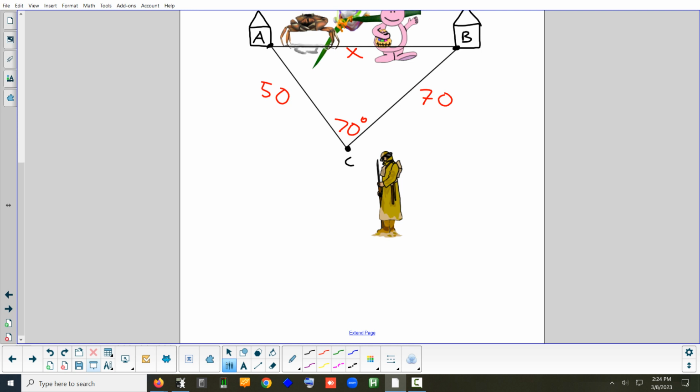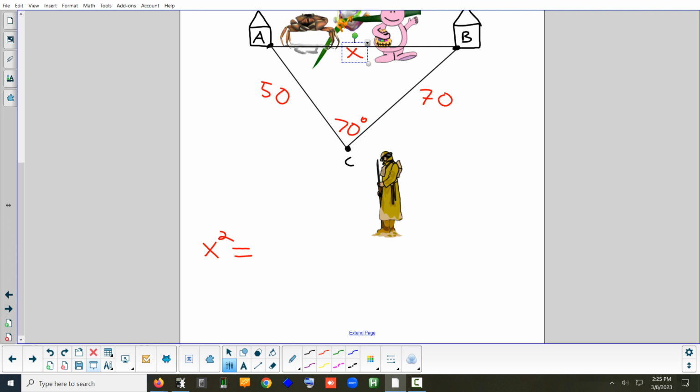Now we need to set up the law of cosines using those three values and the X. So how would it start out on the left side of the equal sign? Yep, X squared equals, and now follow the pattern.